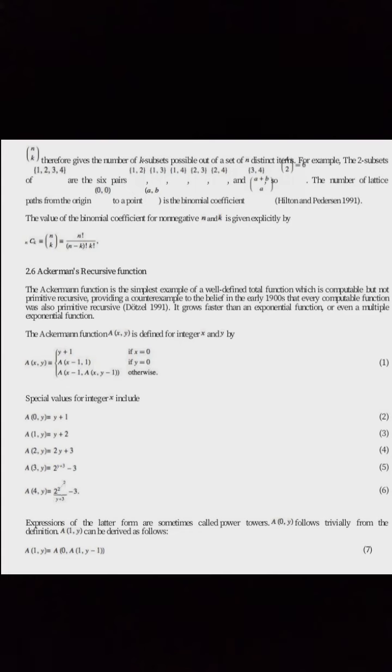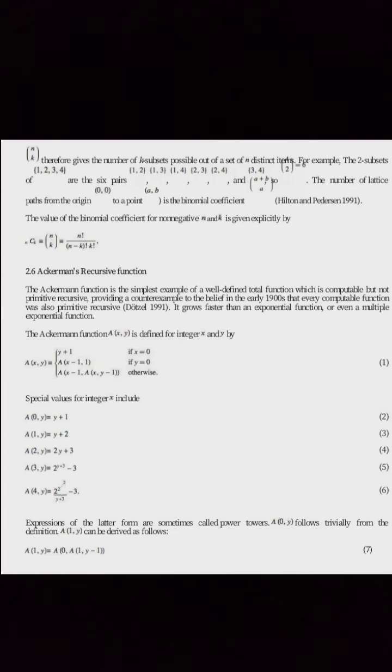The special values for integer x include A(0, y) is equal to y plus 1, A(1, y) is equal to y plus 2, A(2, y) is equal to 2y plus 3, A(3, y) is equal to 2 to the power of (y plus 3) minus 3, A(4, y) is equal to 2 to the power of 2 up to 2, minus 3, with y plus 3 twos.